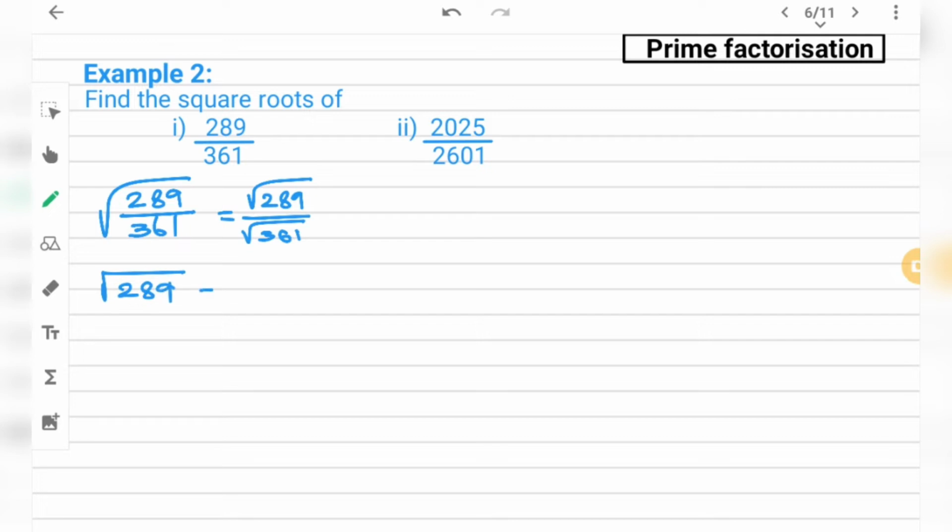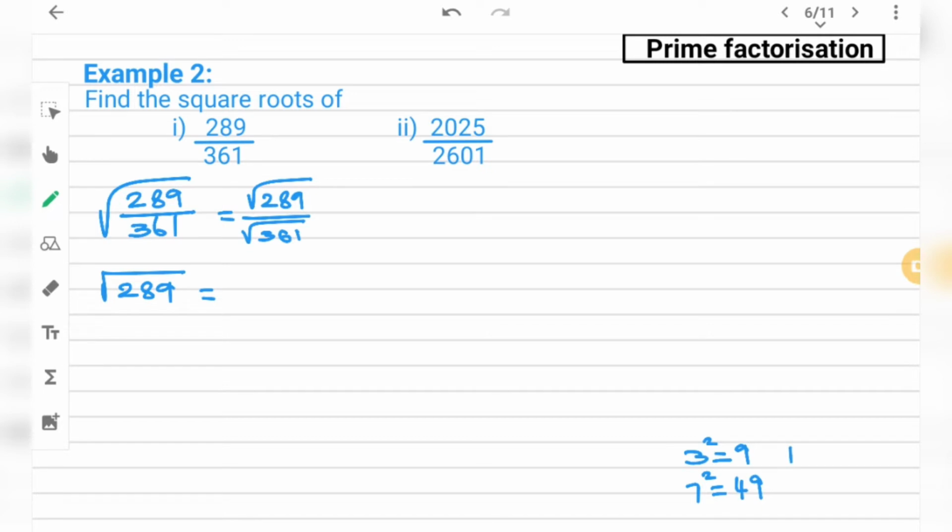Now, I am going to find the root of 289. Here you can see 9 in the ones place. If you have 9 in the ones place, what are the possible conditions? 3 square is 9. And who is the friend of 3? 7. 7 square is 49.